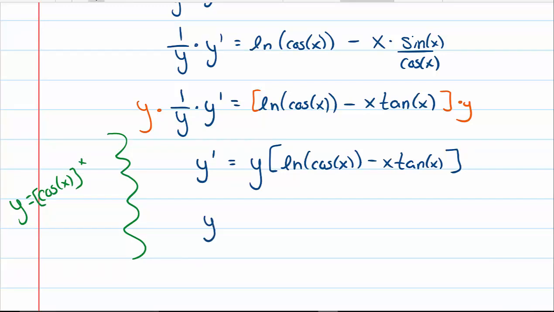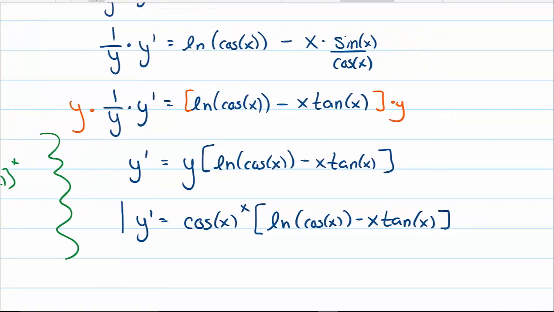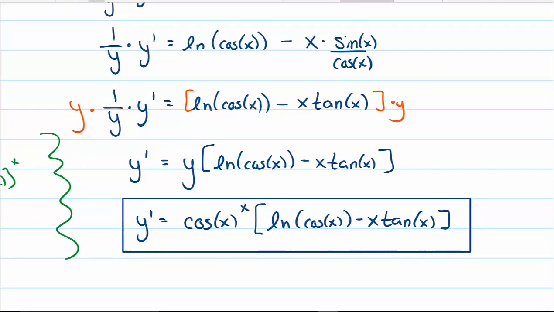So then our final answer is y prime is equal to cosine of x to the x times ln of cosine of x minus x tangent of x. And that is the final answer for the derivative. That's it. Piece of cake.